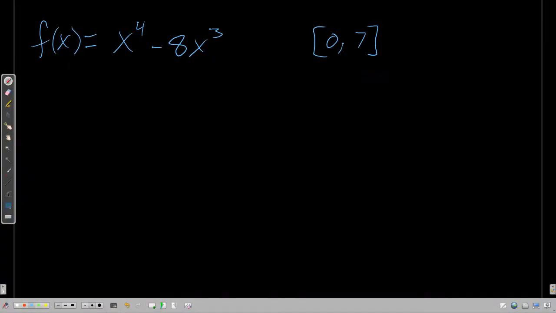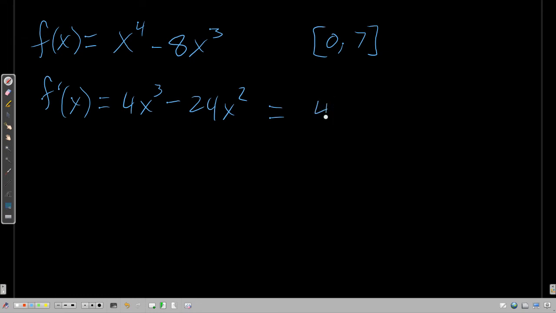Alright, so there's my guy, and obviously need the first derivative, so that's going to be 4x cubed minus 24x squared, which factors like 4x squared times x minus 6.